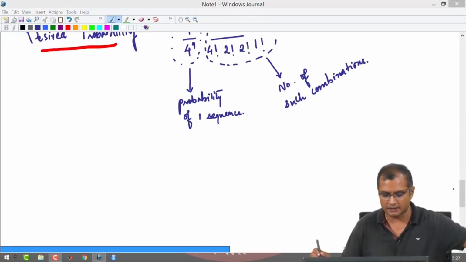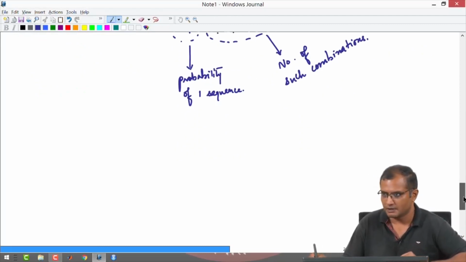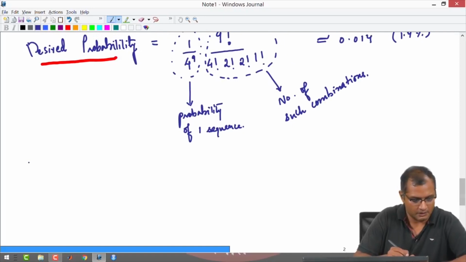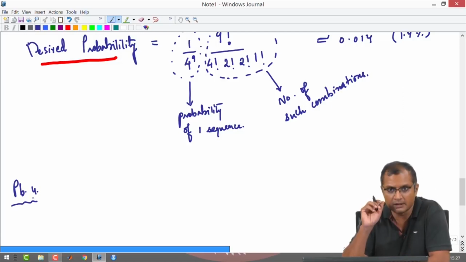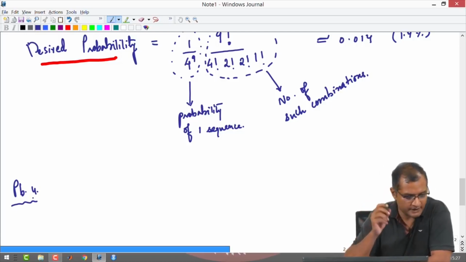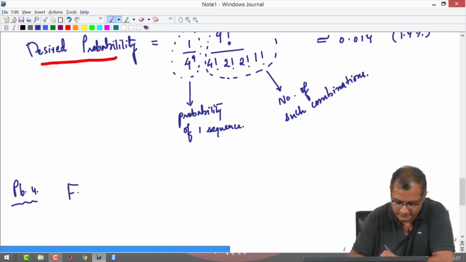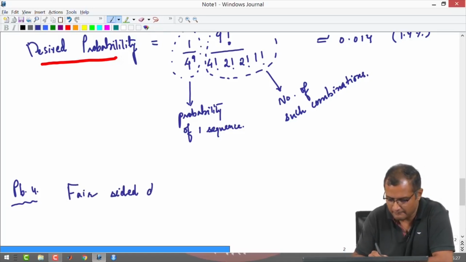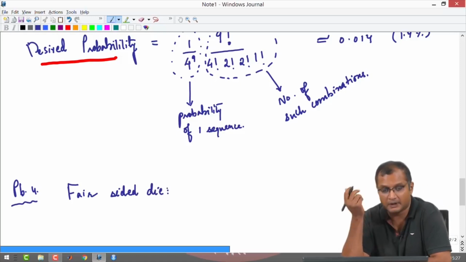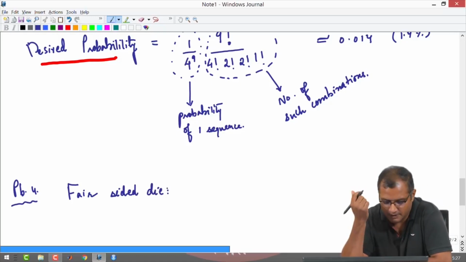One problem that is important here concerns the role of a die. So, if I take a fair six-sided die, okay, so this is another problem.